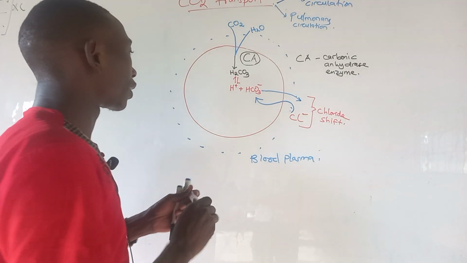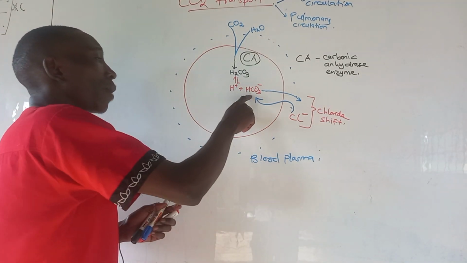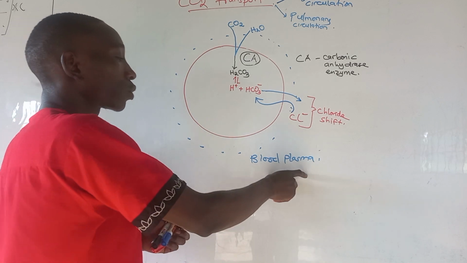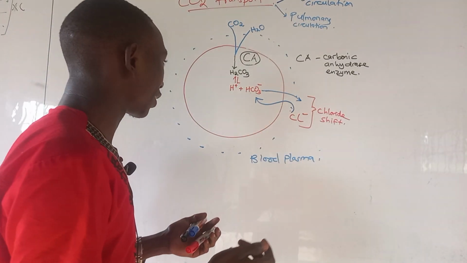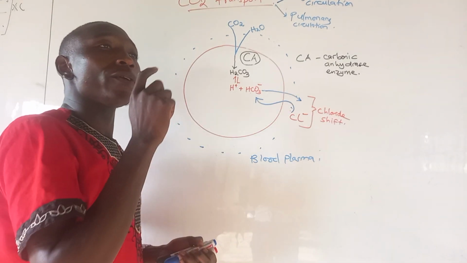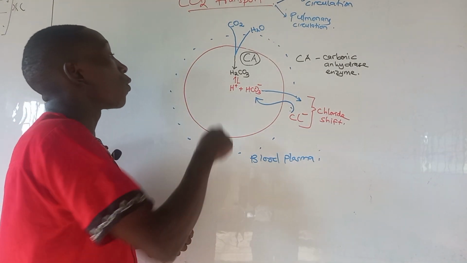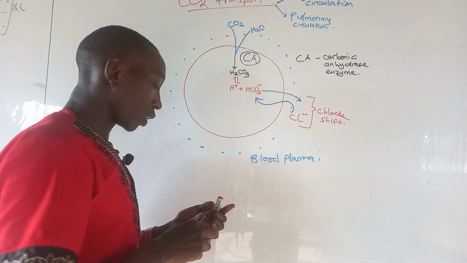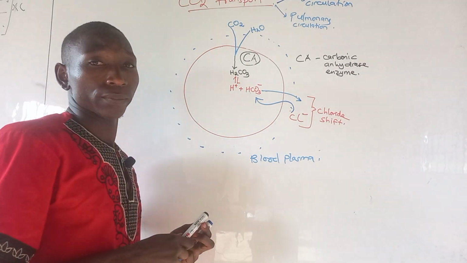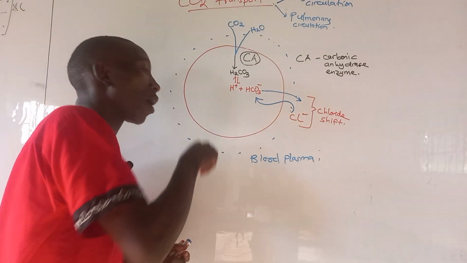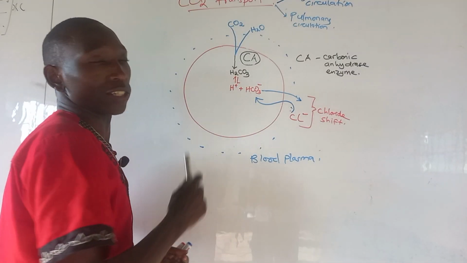So the bicarbonate ions have gone into the blood plasma in exchange for the chloride ions. However, these hydrogen ions are buffered within the blood. They are buffered here, and they are not allowed to enter the blood plasma.